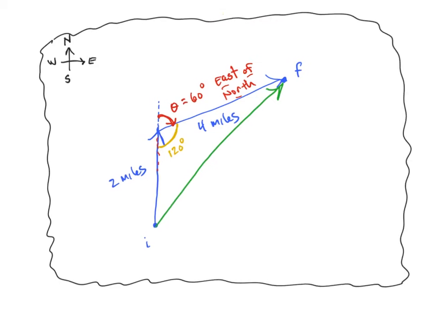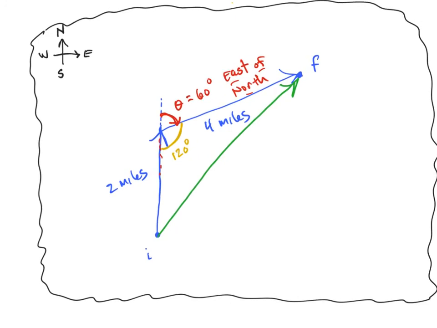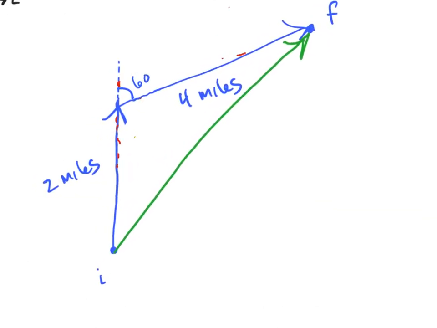So I'm going to try to clarify the picture a little bit, and erase some stuff to make this clearer. We've got our two vectors, our 2 miles and our 4 miles, and I'm just going to remember that this angle right here was 60 degrees. So how do I figure out the length and direction of that green arrow?